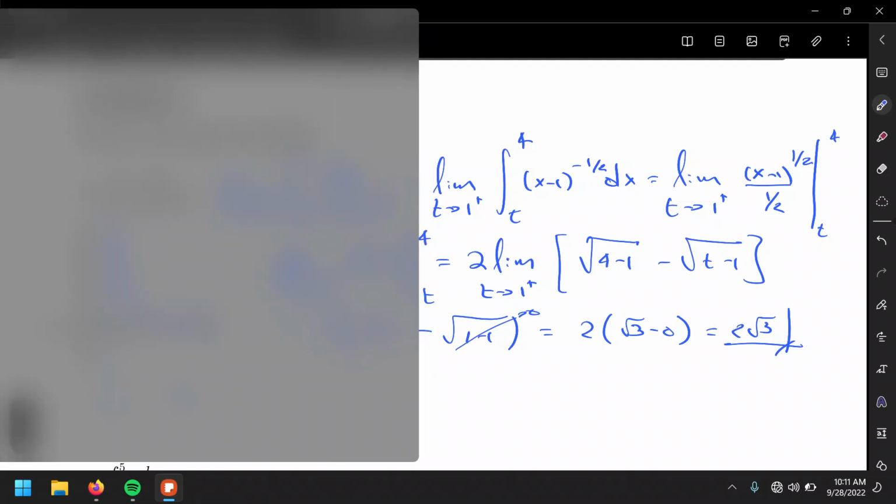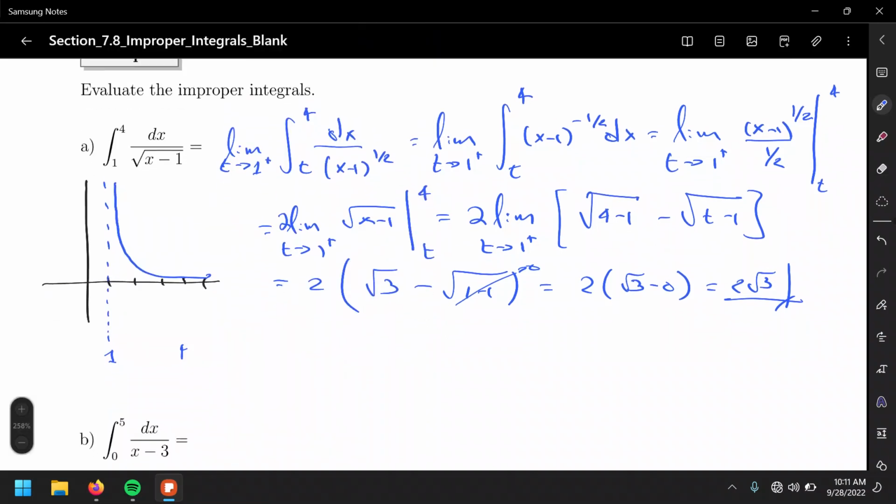Okay, so because we got a finite number, even though it's an irrational number, it doesn't matter if it's irrational, rational, or decimal, as long as the limit is not infinity or DNE, the integral converges. So again, we don't have infinite limits of integration this time.